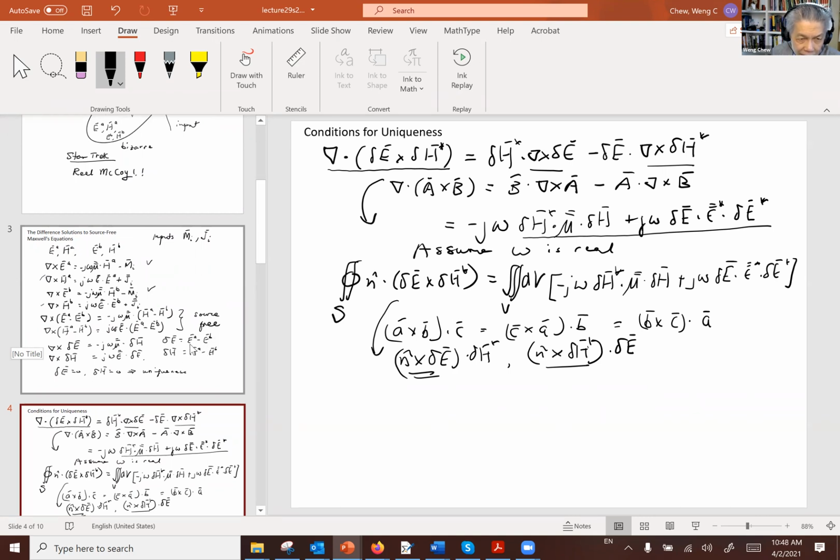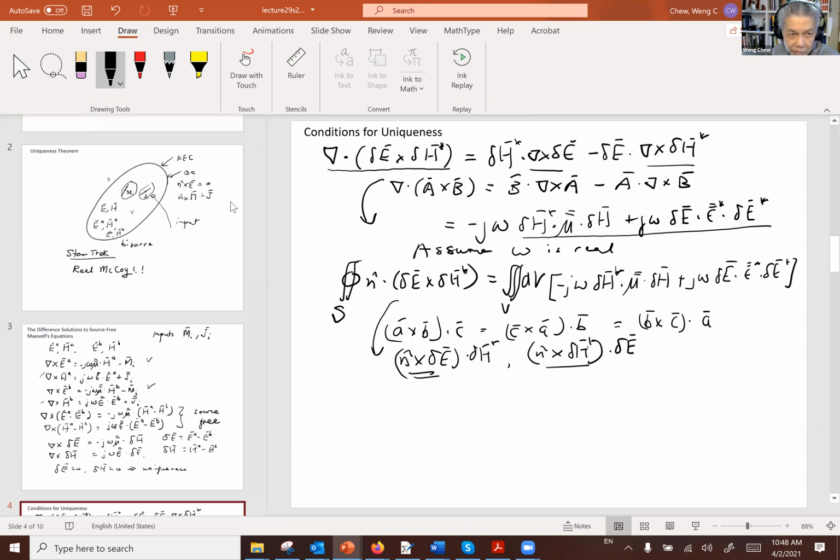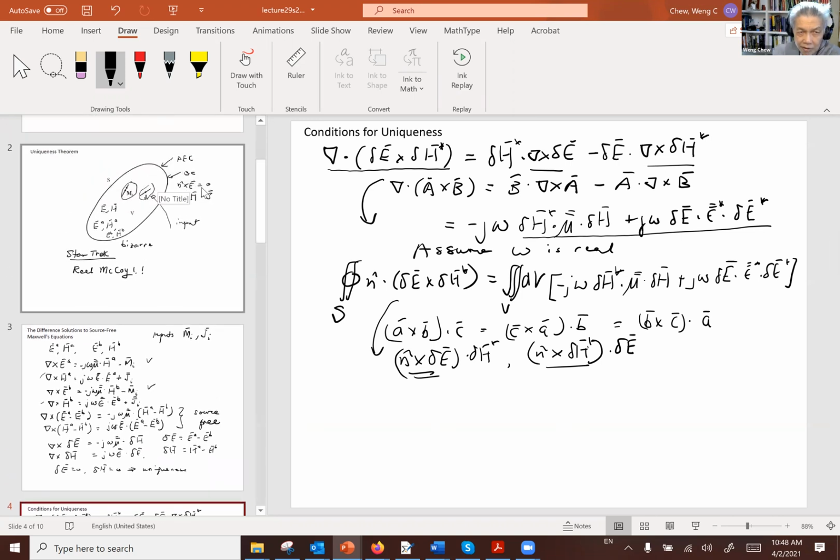So then if EA and EB satisfy the prescribed boundary condition, delta E would also have satisfied the boundary condition. Can you see the argument of this? n cross delta E would have been 0, or has to be 0, if I impose the fact that I'm looking for the solutions of this equation satisfying this boundary condition, both of them, EA and EB, the two different solutions satisfy this, then this would be 0.